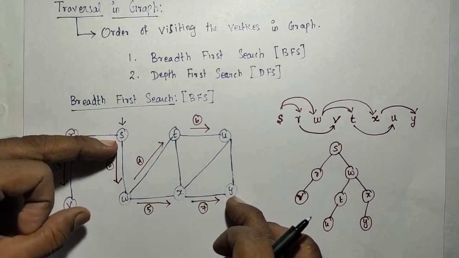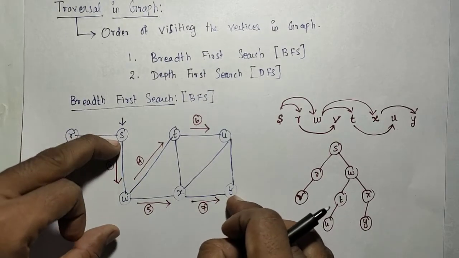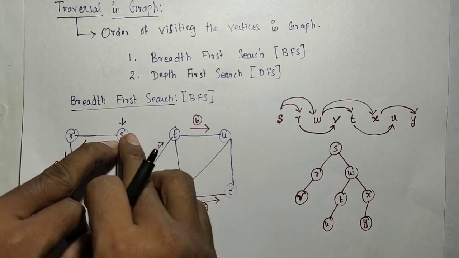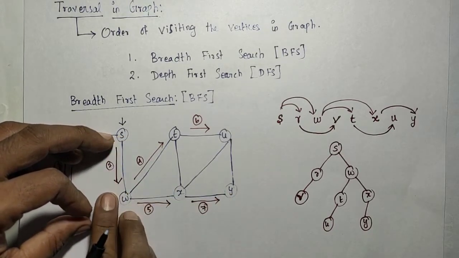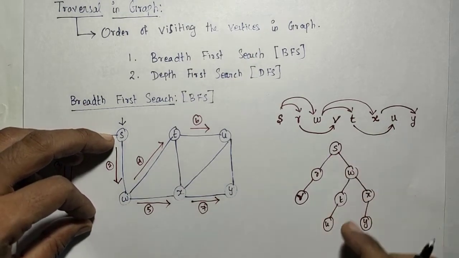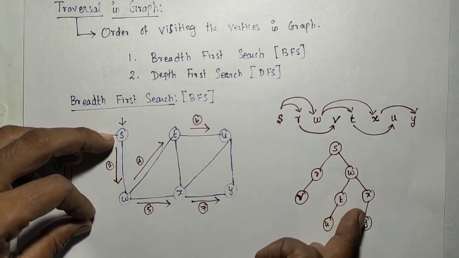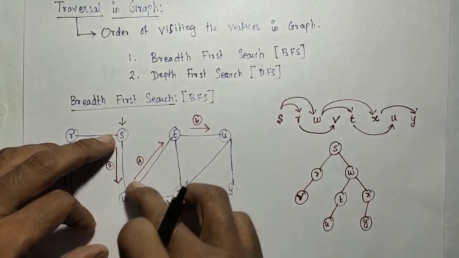Distance is nothing but the number of edges needed to visit a particular node. From S to Y, the number of edges needed is 1, 2, and then 3.